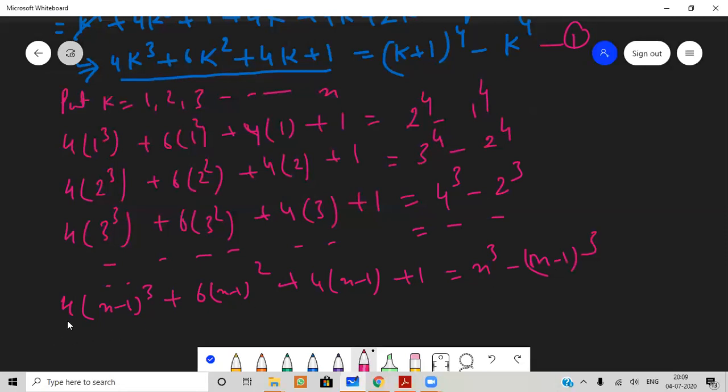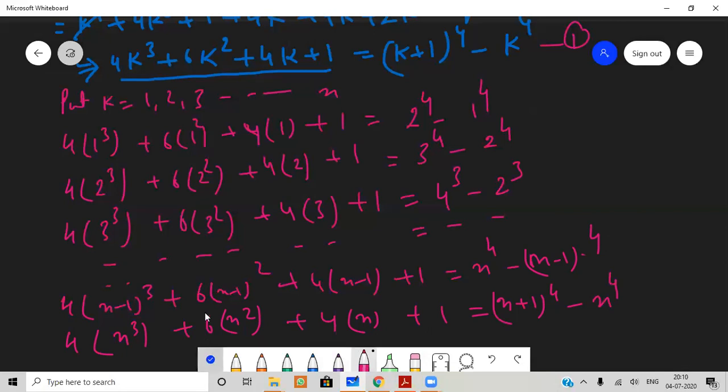And when I put k equal to n, I get 4n cubed plus 6n squared plus 4n plus 1 equal to (n plus 1) to the power 4 minus n to the power 4. Oh, I wrote 3 here, but it was power 4. So we get this.